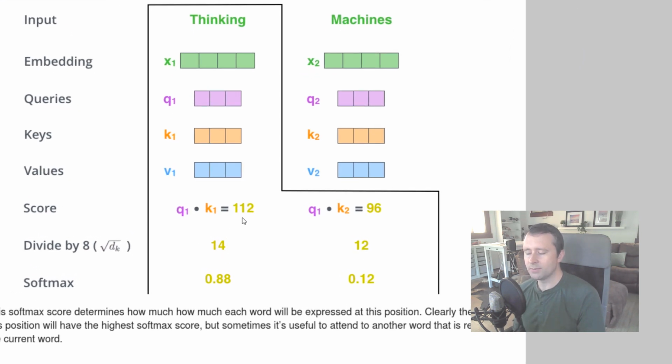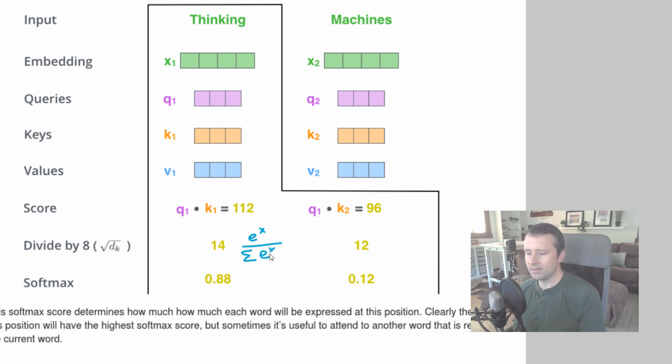8 times 14 is 112. 8 times 12 is 96. And then we apply the softmax function. So softmax, if you remember, is e to the x over the sum of e to the x.